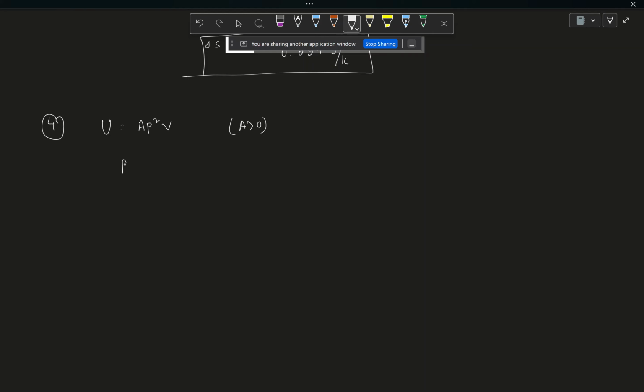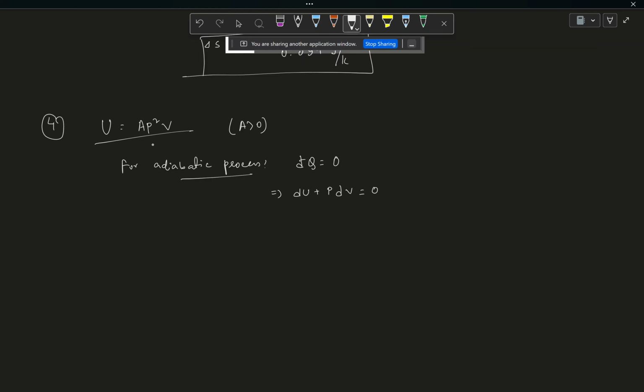Now for the adiabatic process, the heat exchange is equal to 0, and dq is nothing but du plus pdv, right? That is 0, because that is the first law of thermodynamics, dq equal to du plus pdv.